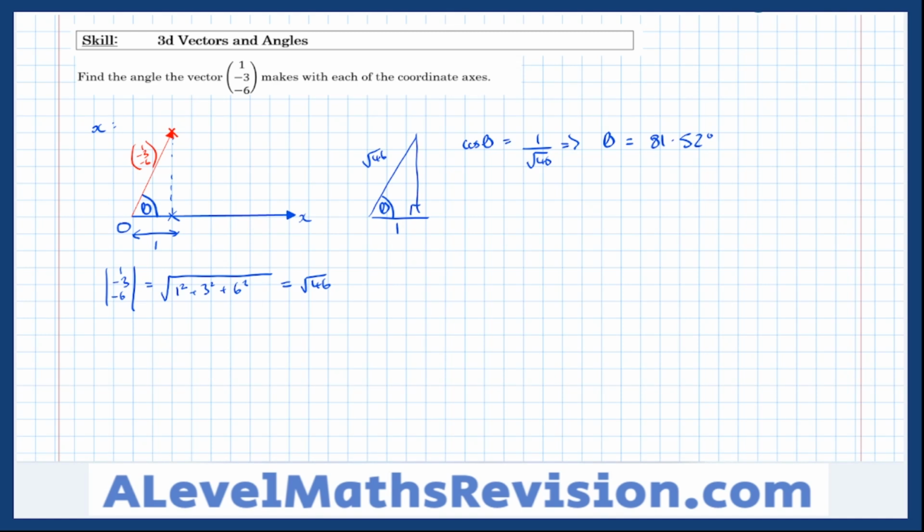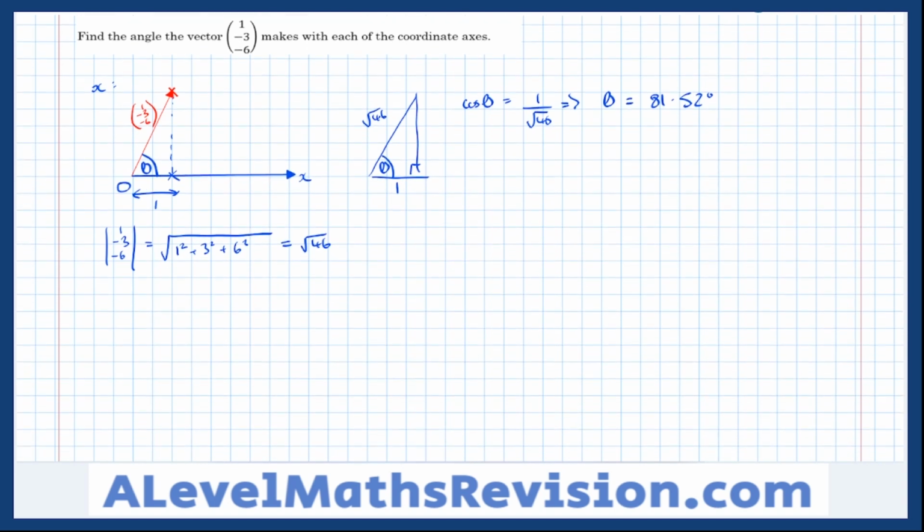Let's have a look now at the y-axis. Let's draw the y-axis in the same way, doing exactly the same thing. The y distance is -3 in this case, and the hypotenuse is the vector (1, -3, -6). We're looking at it from such a direction that this makes a right-angled triangle, so we can again use simple SOHCAHTOA.